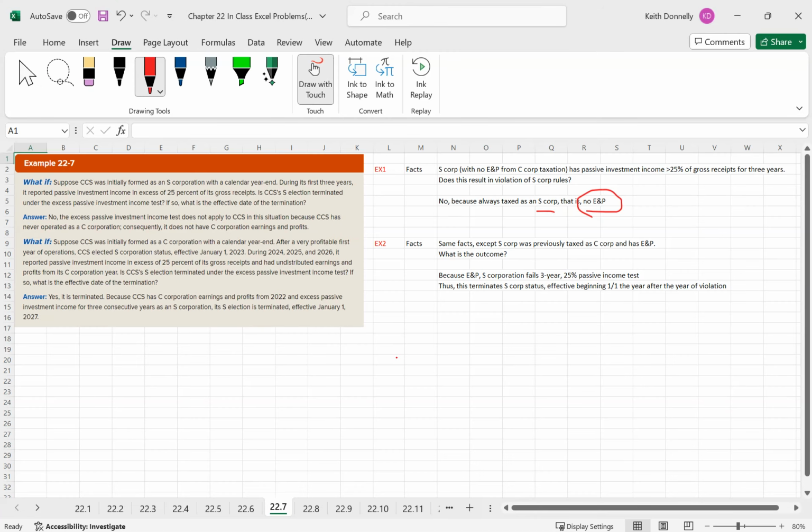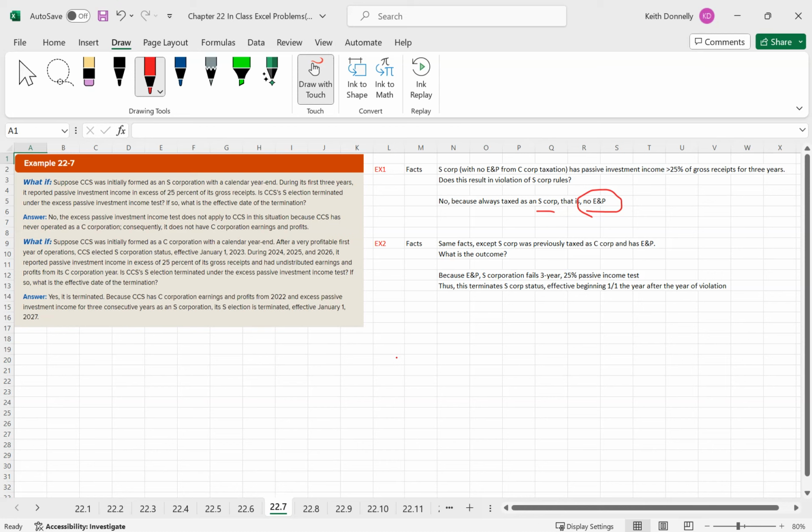What does that mean? E&P. We'll talk about it in the next lecture, but essentially, if you were previously taxed as a C Corp, let's just say year 1, year 2, year 3, I'm a C Corp, 1120, 1120, 1120. There's something called earnings and profits, and it's essentially like tax retained earnings. It's income that you made that you kept in the C Corp.